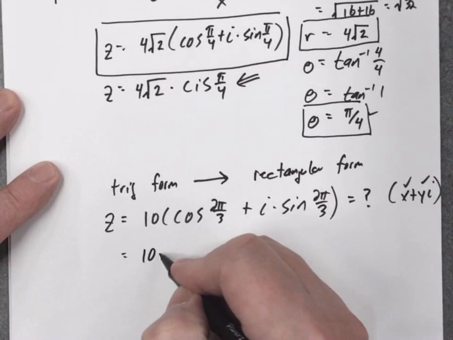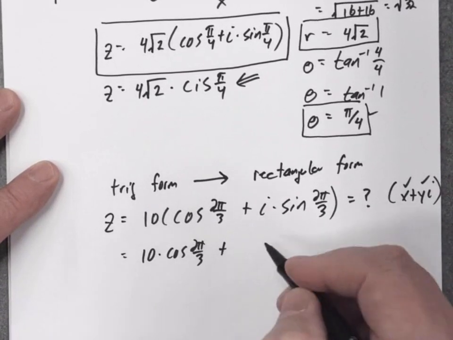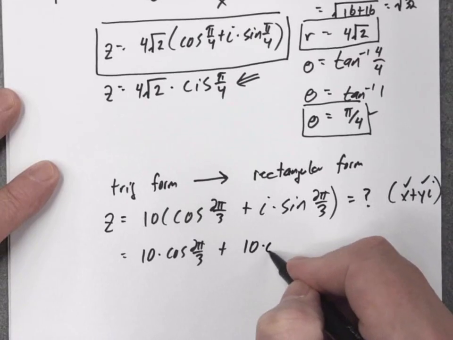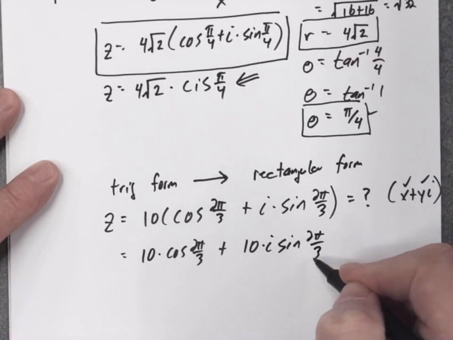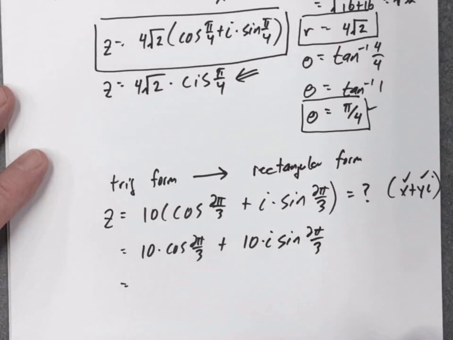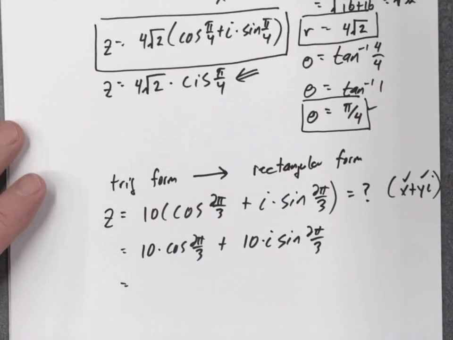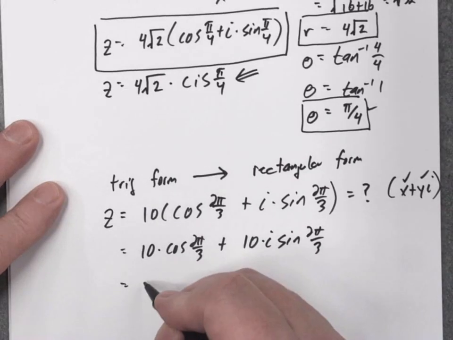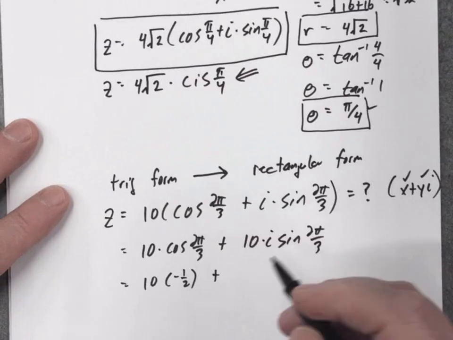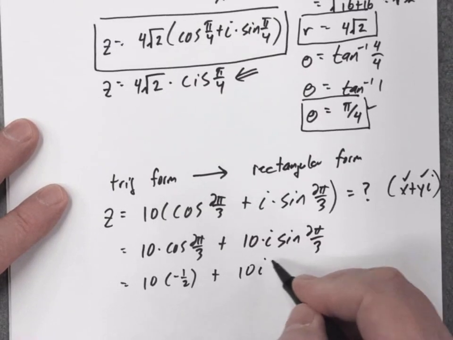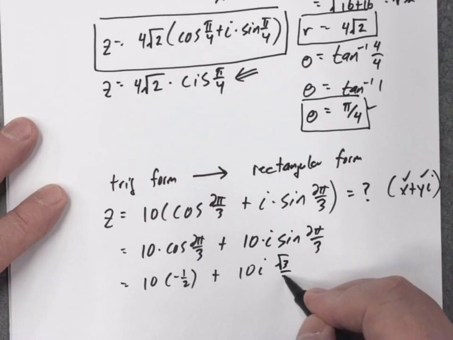So it's 10 times cosine of 2 pi over 3 plus 10 times i sine 2 pi over 3. And if you go to your unit circle and you look at cosine 2 pi over 3, it's negative 1/2. And sine of 2 pi over 3 is square root of 3 over 2.